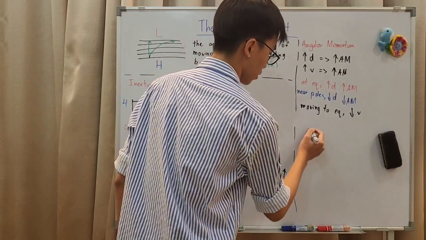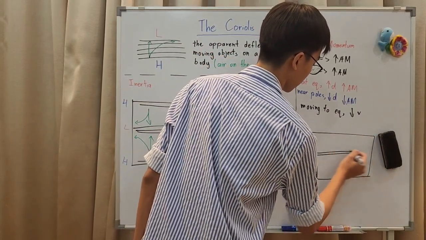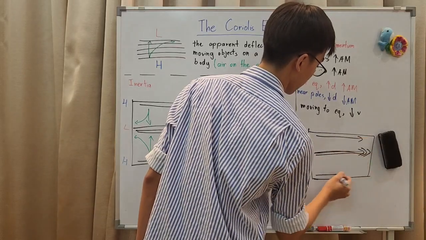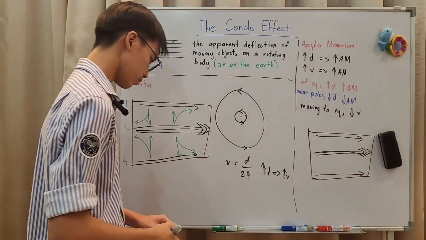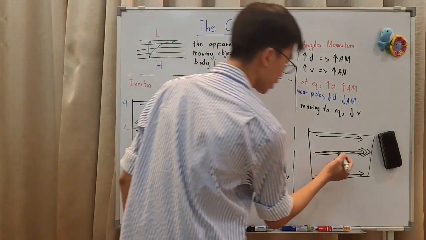So now let's put this on our map again. Fast arrow over here, and slower arrow over here. So with this, your normal calculations are like this.